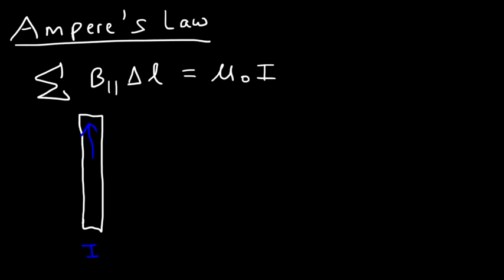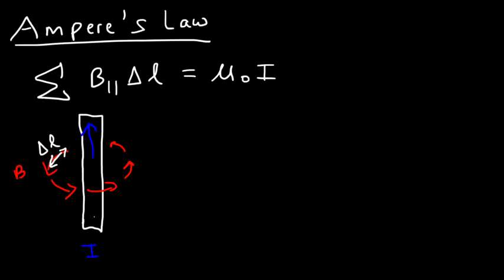Now this current will create a magnetic field that travels around the wire in a circular path. So if we take the magnetic field and multiply it by the path that is parallel to it, let's call it delta L, we can use that to get an equation that will give us the magnetic field created by this wire.